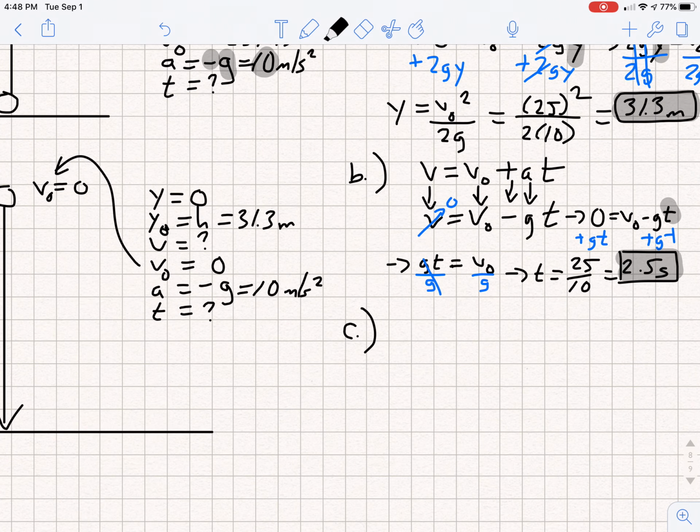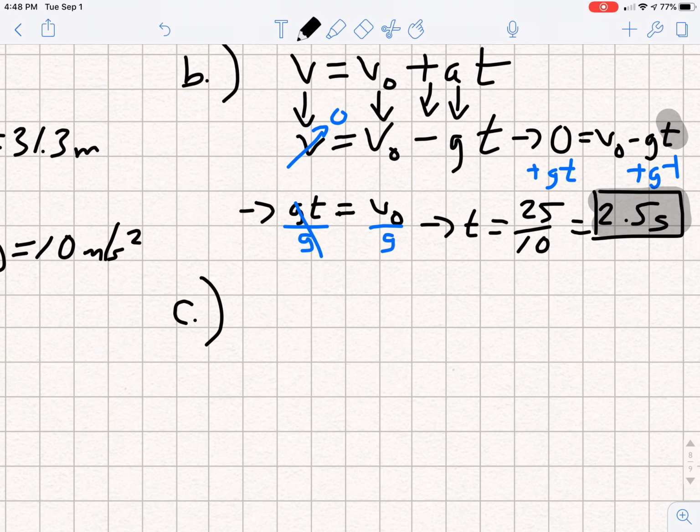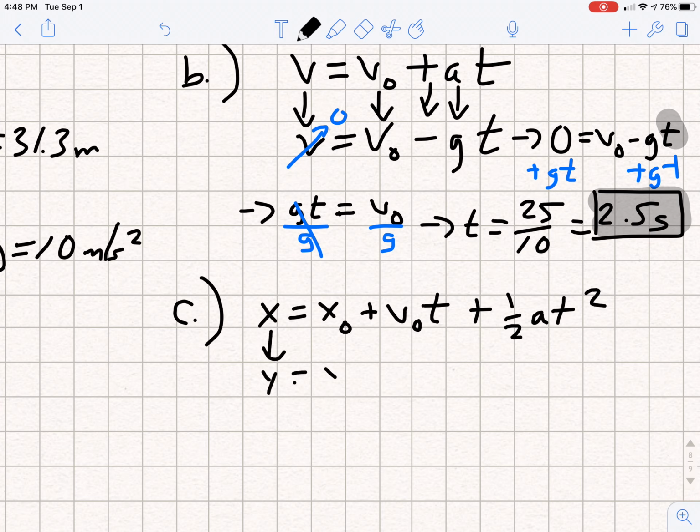So looking at this information, I have y and y naught, I have v naught, and I've got a and t. So using this information, I can use the second equation, x equals x naught plus v naught t plus 1/2 a t squared. Translated, that would be y equals y naught plus v naught t minus 1/2 g t squared.